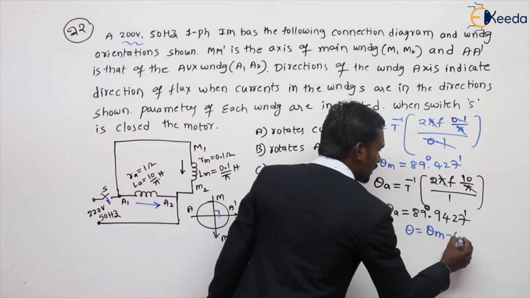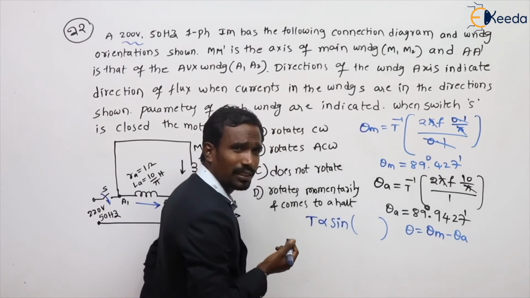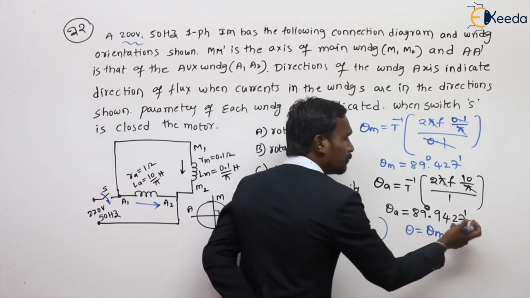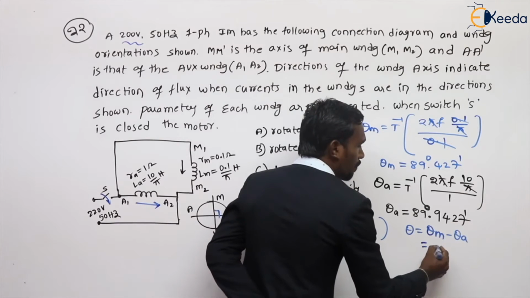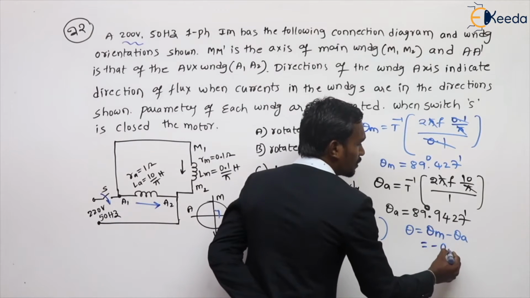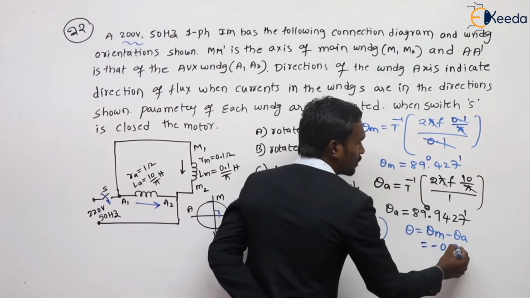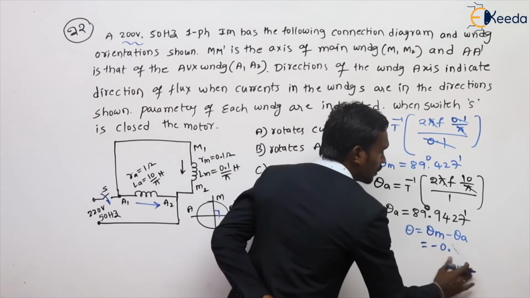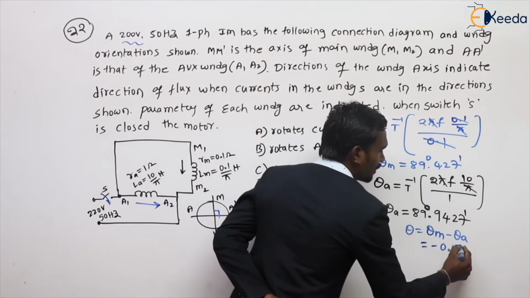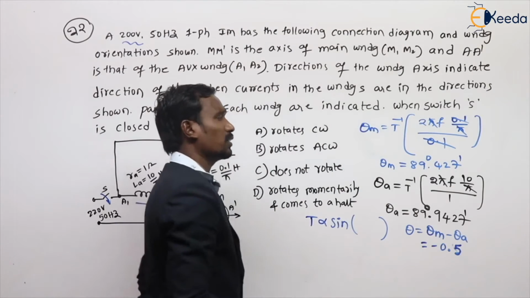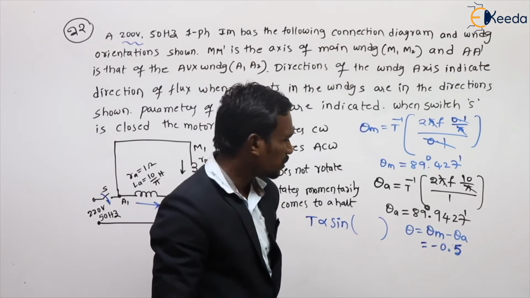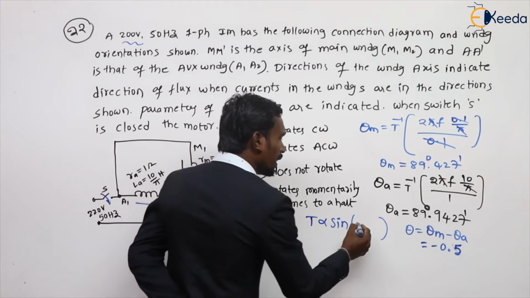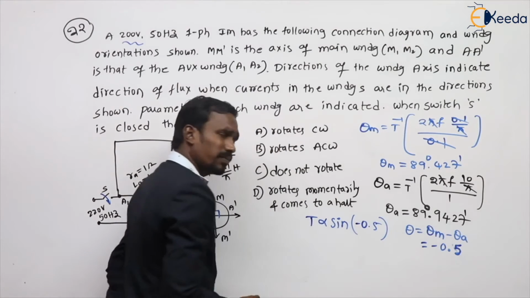Theta m minus theta a. Now tell me what is the answer. 89.427 minus 89.9427, so the theta value is minus 0.5, not even minus 0.5.